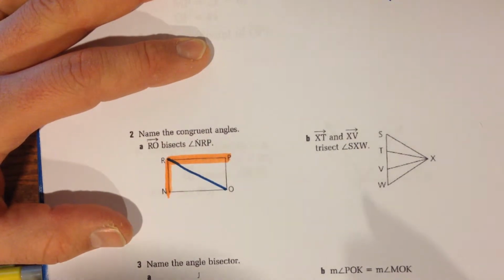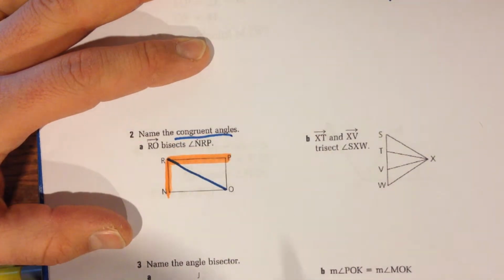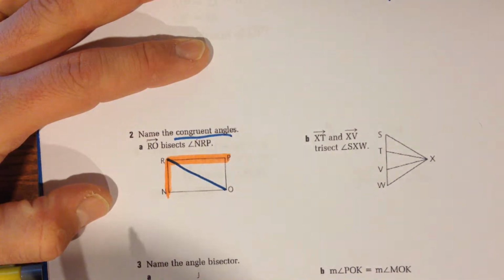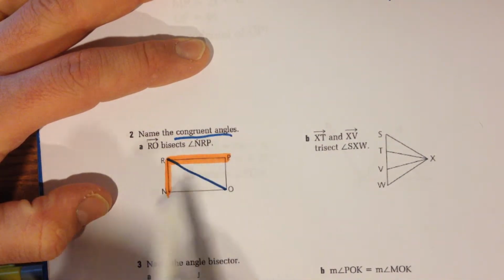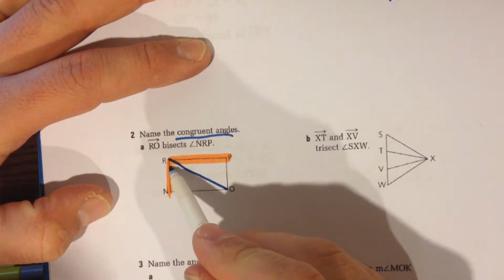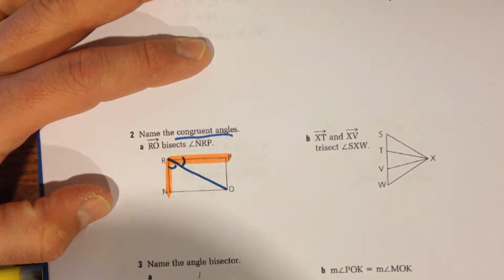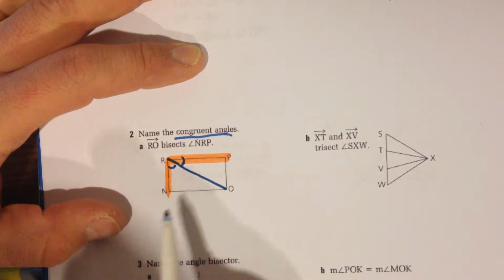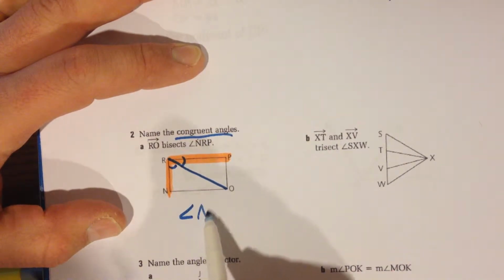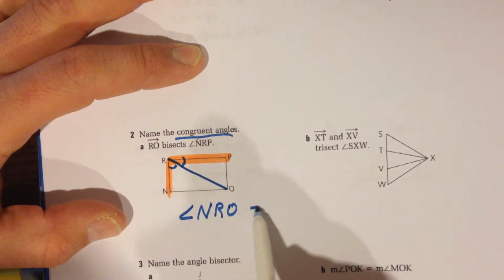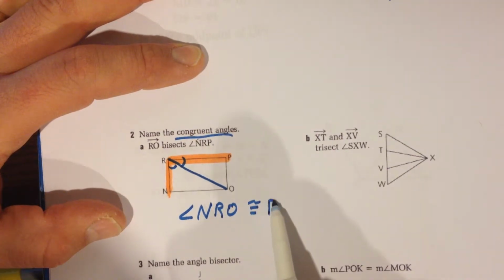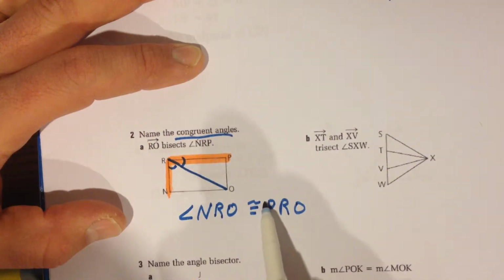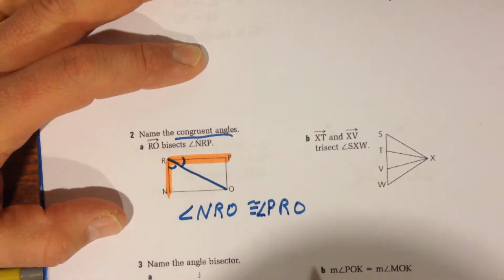Because I need to name the congruent angles given this statement, if this angle is cut in half, I know the two parts are equal. So the first one is angle NRO. That's congruent to angle PRO. Forget my angle symbol. There we go. So angle NRO is congruent to angle PRO. And that's the only thing.